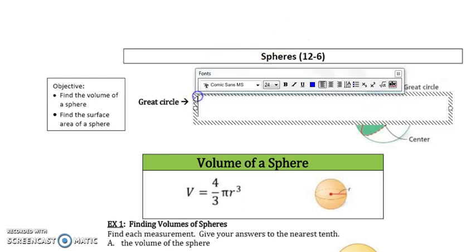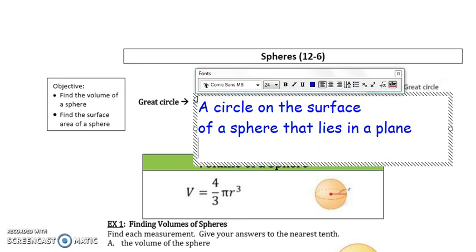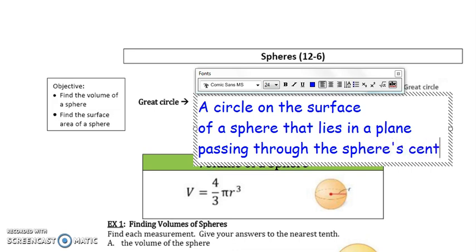So the great circle. It's a circle on the surface of a sphere that lies in a plane passing through the sphere's center.